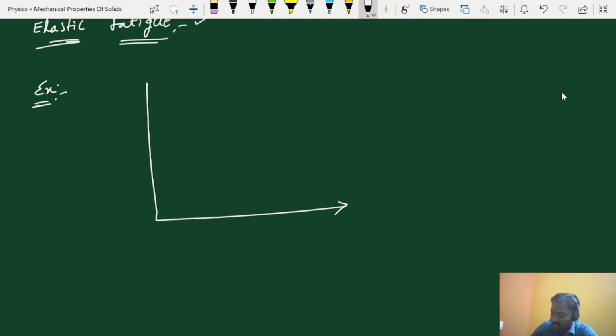And one example we can discuss. Say if they are giving two graphs, the stress strain curves of two different materials.